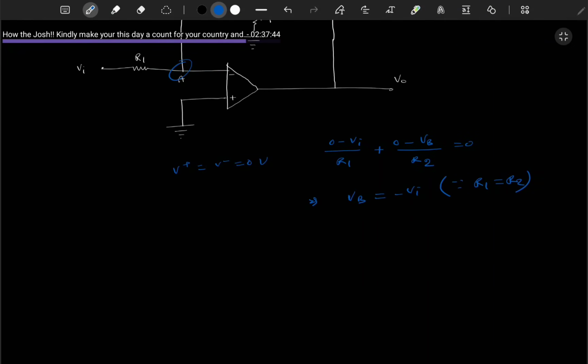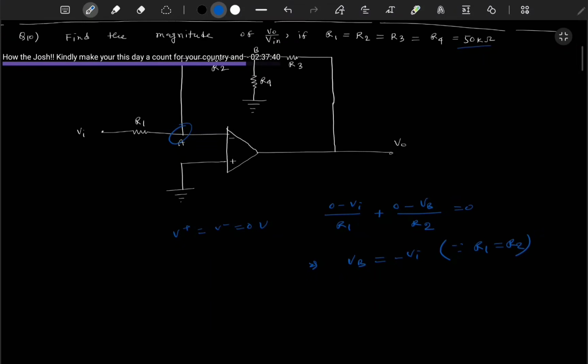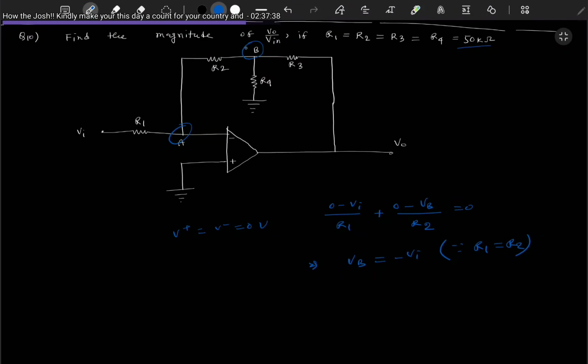Now at node B, again we can perform the nodal. So VB minus 0 by R2 plus VB by R2 plus VB minus 0 by R2 equal to 0.